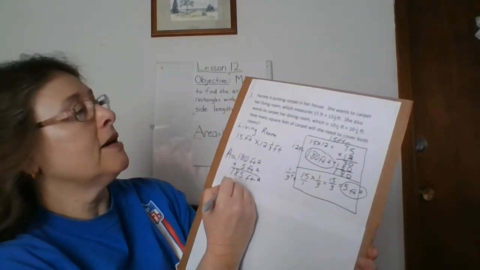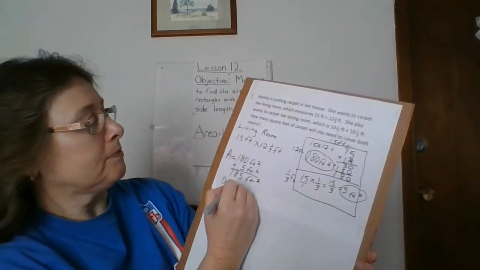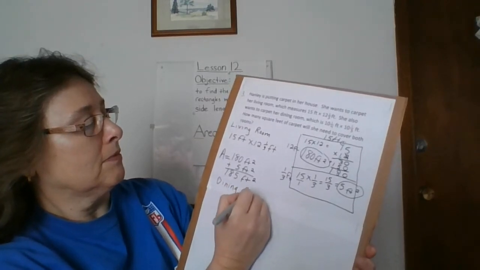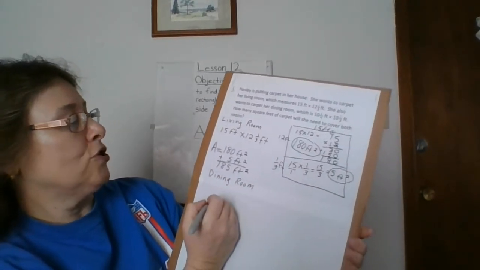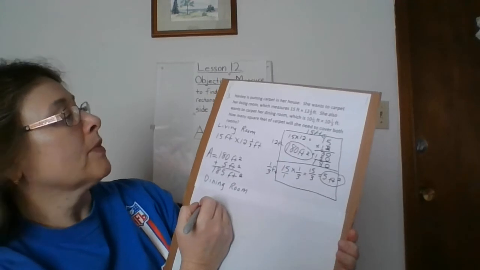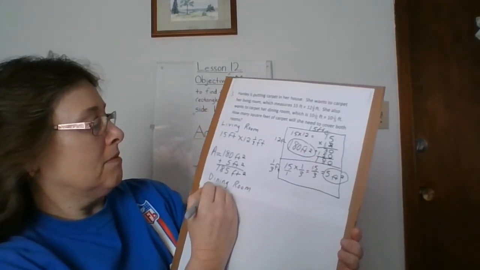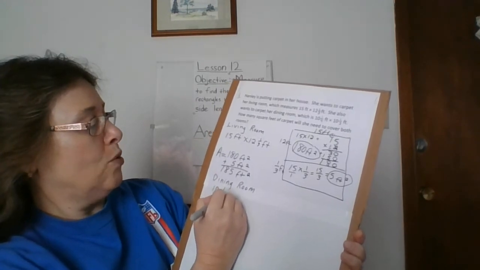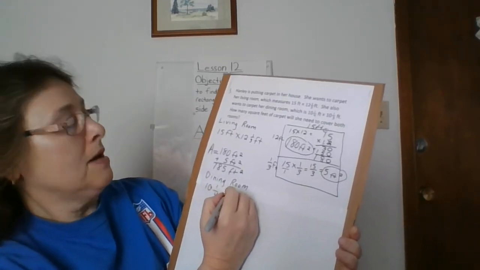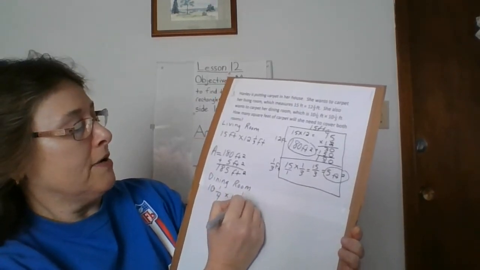So for the dining room, our dimensions were 10 1/4 by 10 1/3 feet.